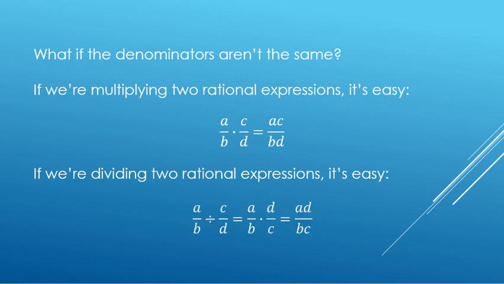So a over b divided by c over d is the same thing as a over b times d over c. And by our multiplication property, that is ad divided by bc. So if you have to divide by a fraction, just flip it, and then the division turns into multiplication.